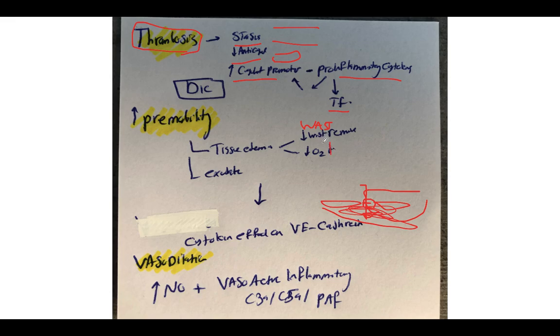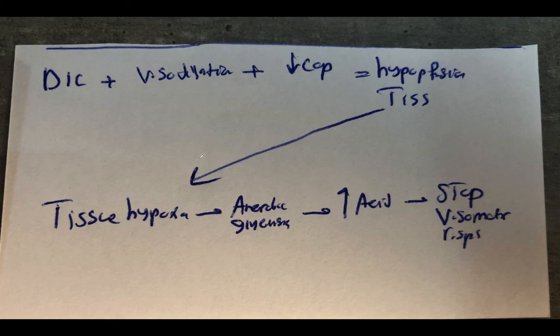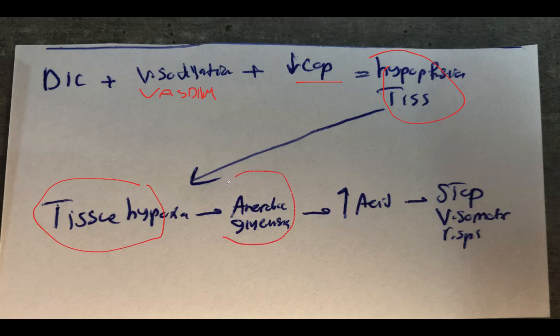Okay. Now, vasodilation because of nitric oxide coming from the endothelial cell, and there will be vasoactive inflammatory mediators secreted from the circulating leukocytes. DIC, I'm sorry for the handwriting. Vasodilation because of the cytokines, and less cardiac output will contribute to the hypoperfusion, and thus will lead to tissue hypoxia and anaerobic glycolysis. Why?